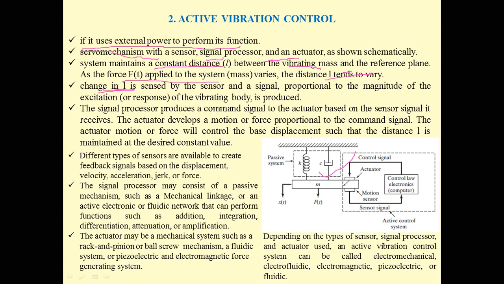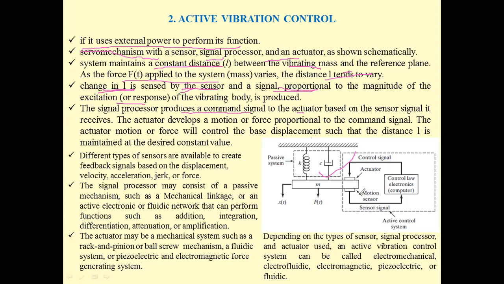This change in length is sensed by the sensor, and a signal proportional to the magnitude of excitation or response of the vibrating body is produced. The signal processor produces a command signal to the actuator.